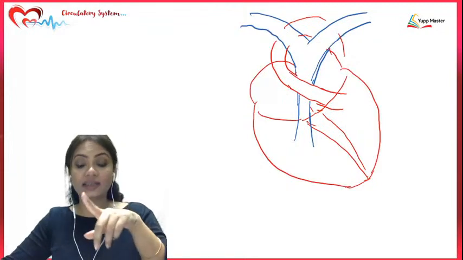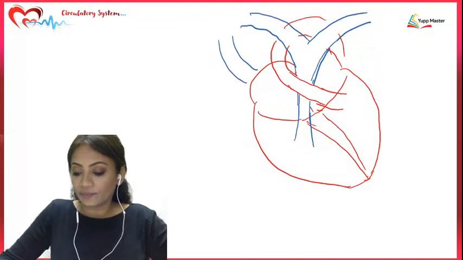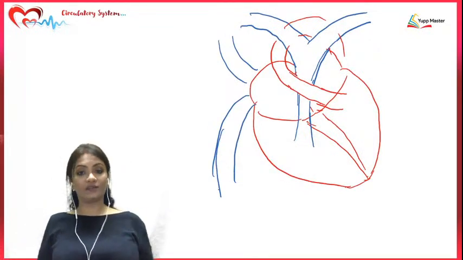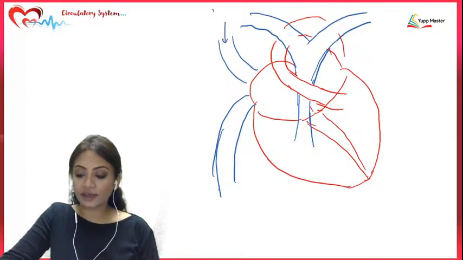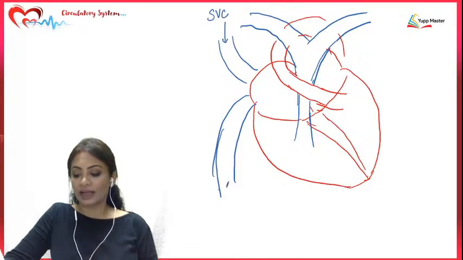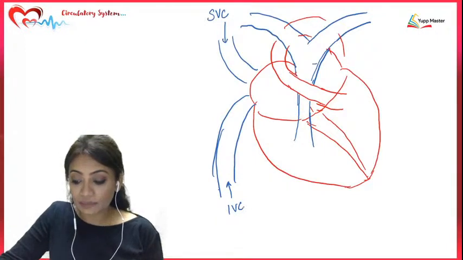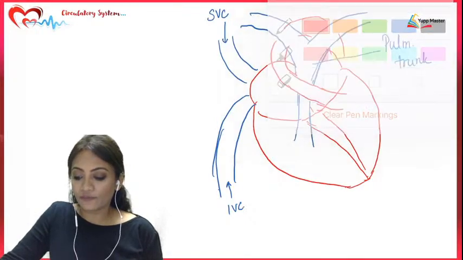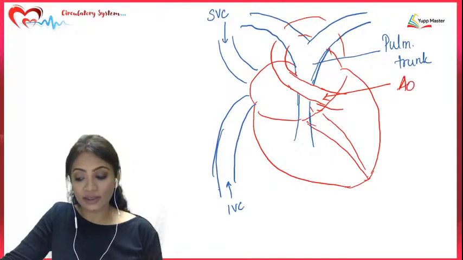Let's label this and see how blood is flowing inside the heart, and outside the heart going to the lungs. Here are our superior and inferior vena cavas, the major blood vessels. First over here, can I call this the superior vena cava? Can I call this one the inferior vena cava? Then next, this part here is the pulmonary trunk, and lastly the very big blood vessel, the biggest artery, which is called the aorta.